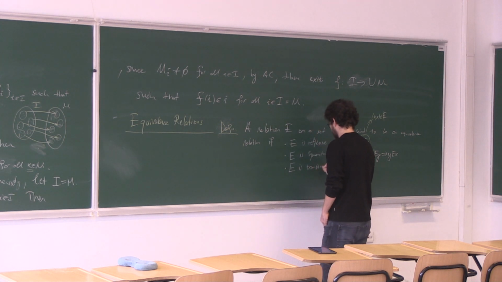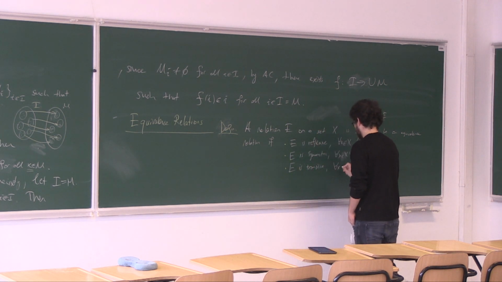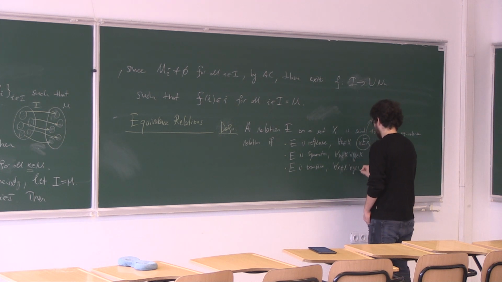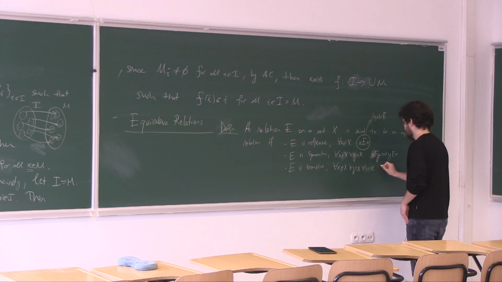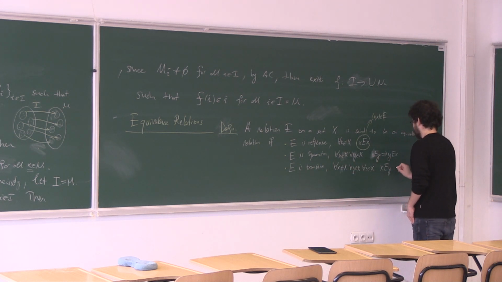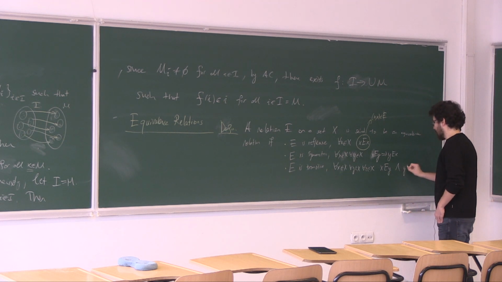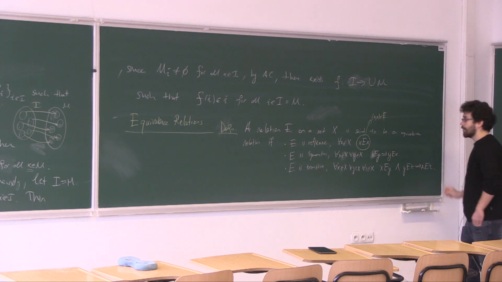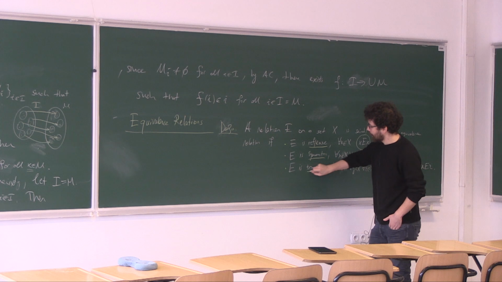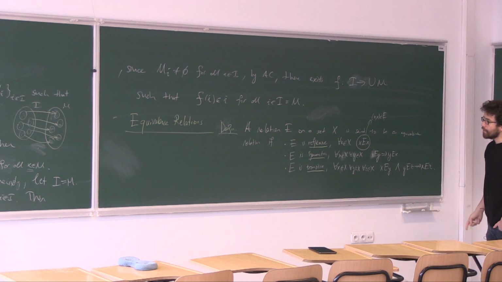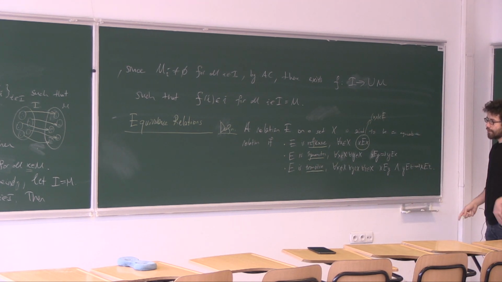And transitive means for all x, for all y, and for all z in X, x related to y and y related to z should imply that x is related to z. Okay. Now, a relation satisfying these is called an equivalence relation.